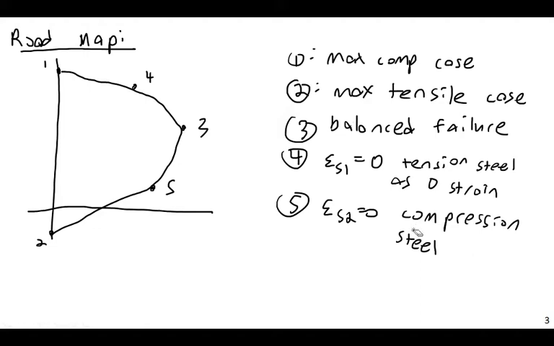Actually, that's not quite right, sorry. Not compression steel has 0 strain. That's a little bit wrong. Sorry about that. I'm not going for symmetry here. This is the tension controlled limiting strain case.